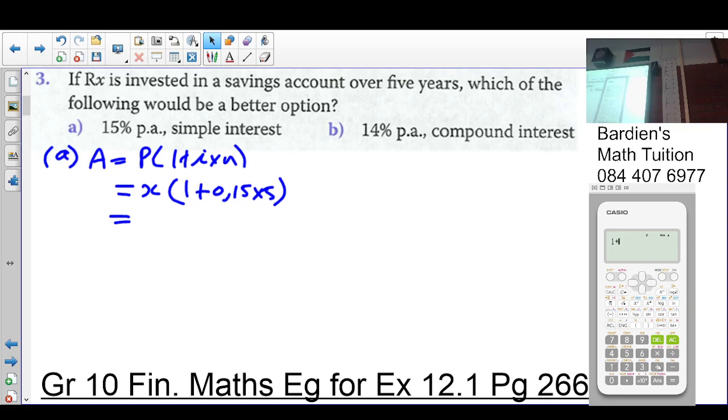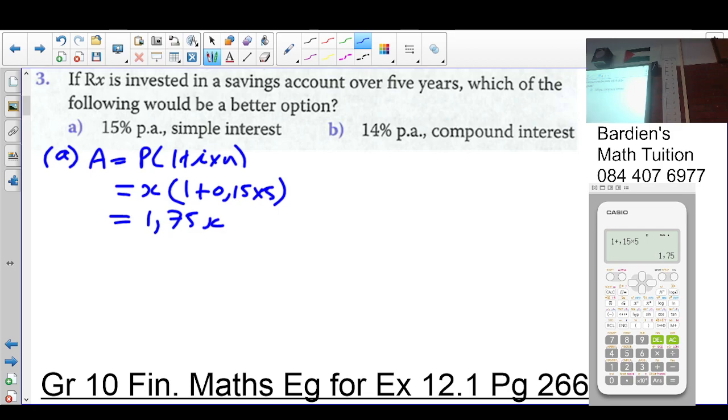That's 1 plus 0.15 times 5, which gives me 1.75, so 1.75X. Now, if the growth factor of the next sum is larger than 1.75, then B would be the better option. However, if it's smaller than 1.75, A would be the better option.